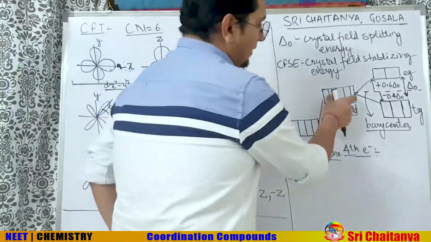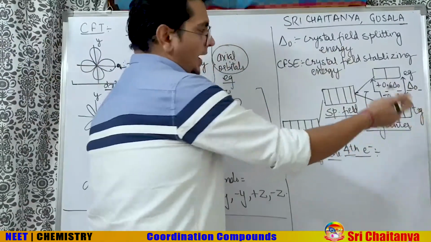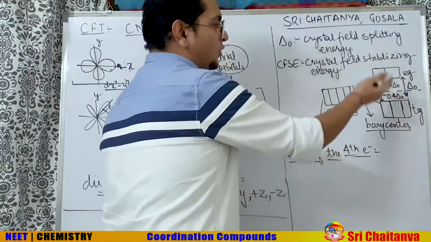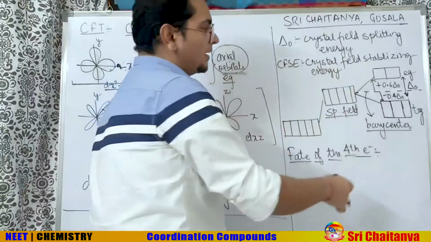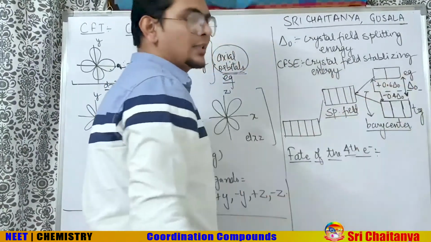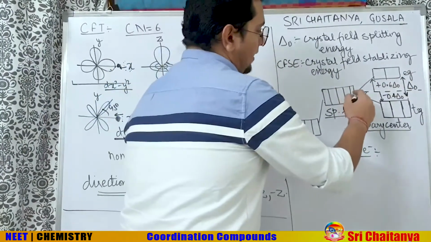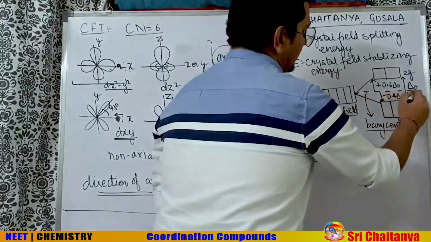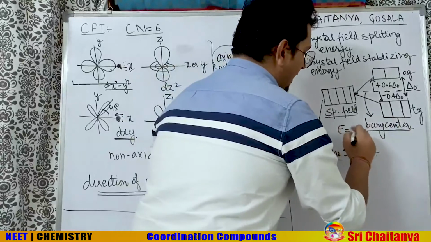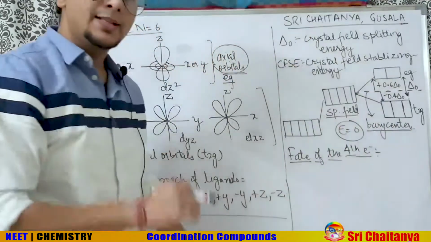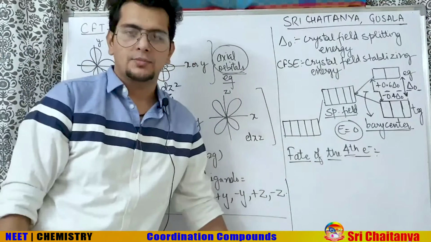So the energy will redistribute and Eg will get higher energy due to more repulsion. They are the axial orbitals lying on the axis, more repelled, and T2g will be getting less repulsion. The average energy between the two, this energy line, is called barycenter, and we assume the energy at the barycenter to be 0 just for simplification.